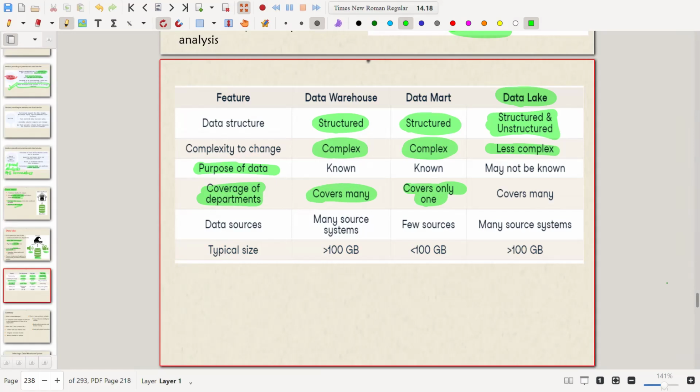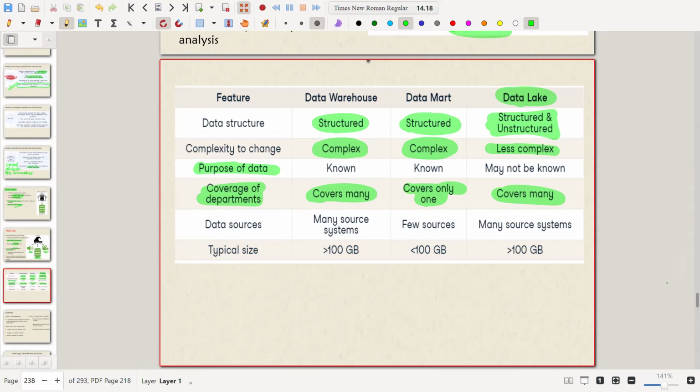But if you want to cover management, finance, and other things, then you have to go for a data lake because it covers many. So if you have a very big organization where you want to integrate data from many departments, then a data lake is the way to go.